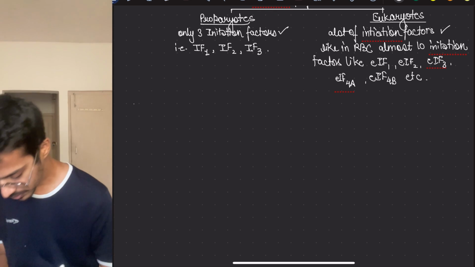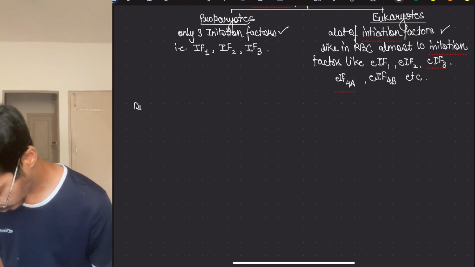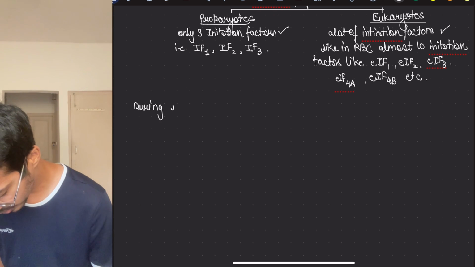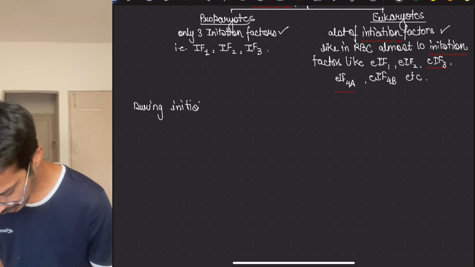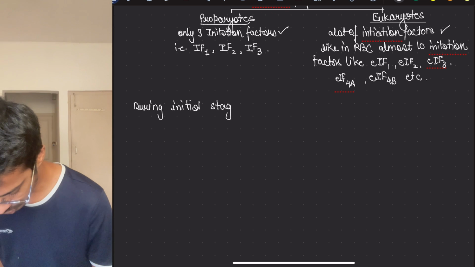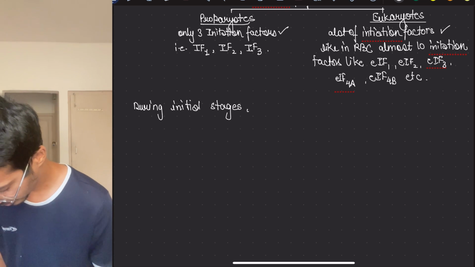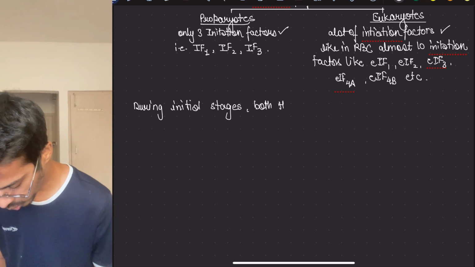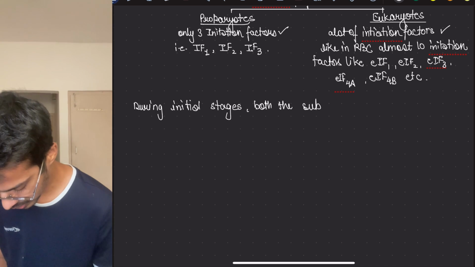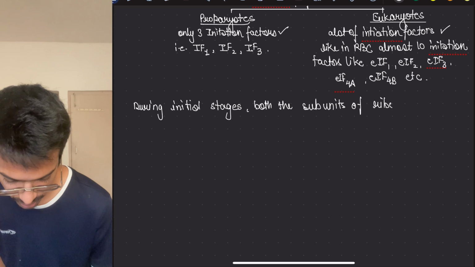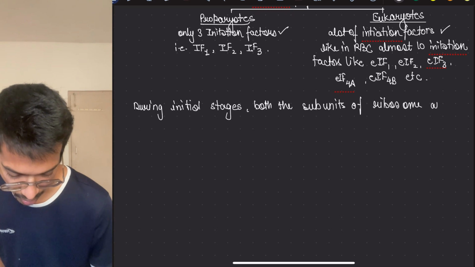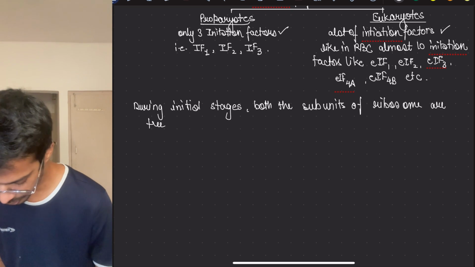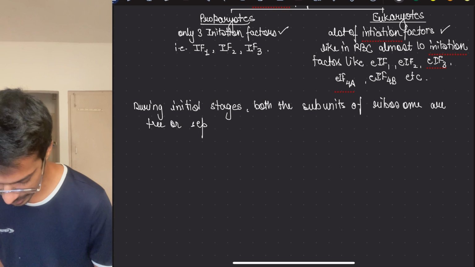Okay, so during initial stages, both the subunits of ribosomes are free or separated.